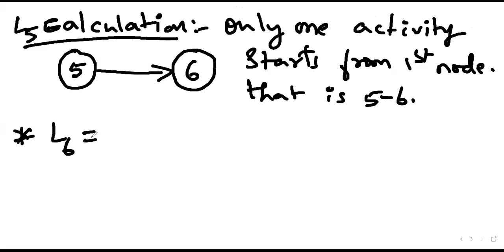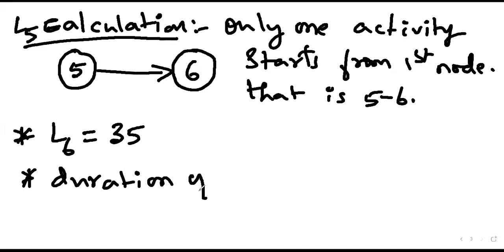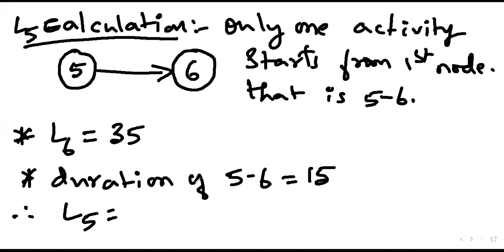What is L6? 35. L6 is equal to 35. And the duration of 5-6? 15. The duration of 5-6 is 15. That means, how much should be L5? 20, correct.